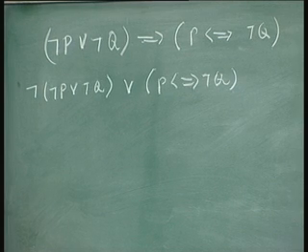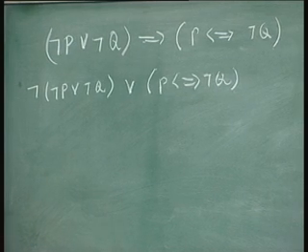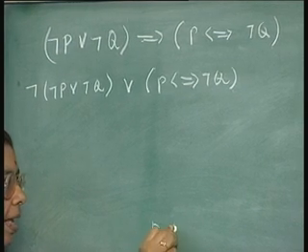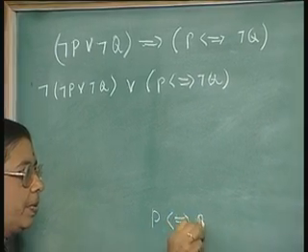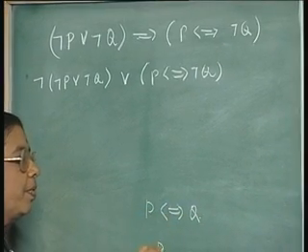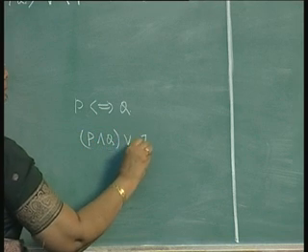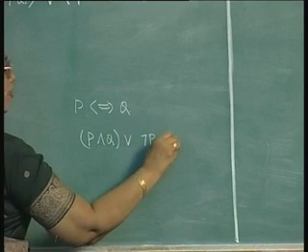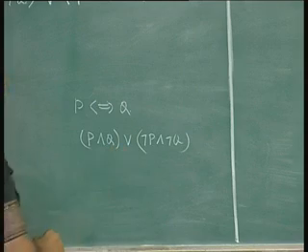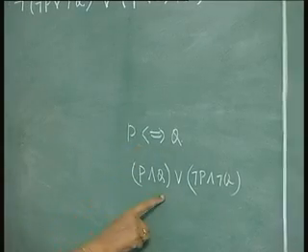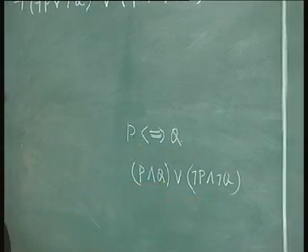you can write as follows. Suppose you have P is equivalent to Q, this is equivalent to saying P and Q, or not P and not Q. This we know: either both of them must be true or both of them must be false.